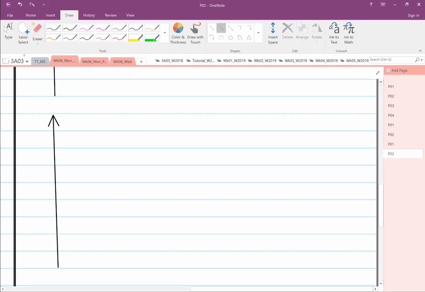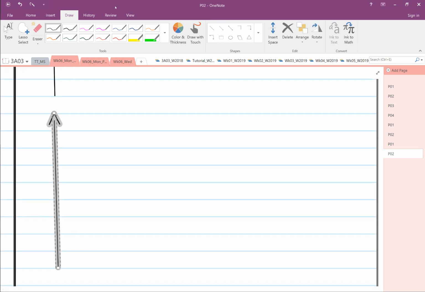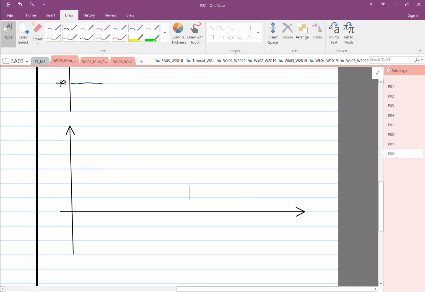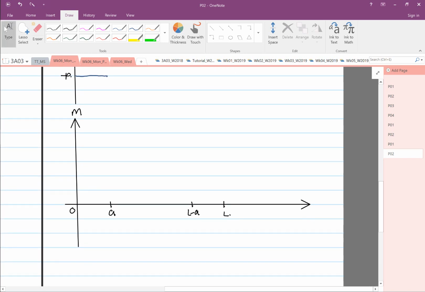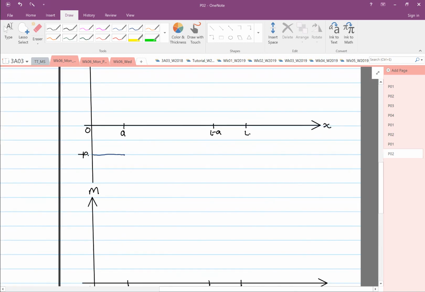So this is our bending moment diagram. Likewise I'm going to label, so this is moment, this is 0, this is A, this is L minus A, and this is my L. So what we see now, our equation is equal to minus px.